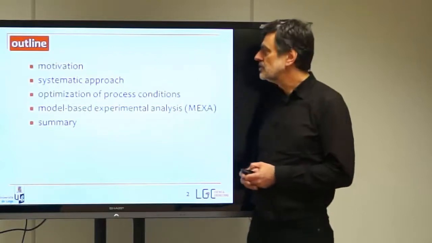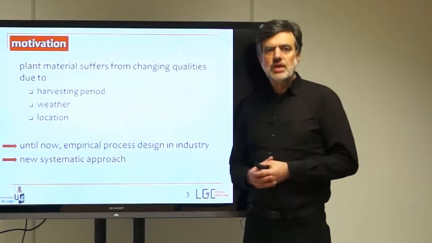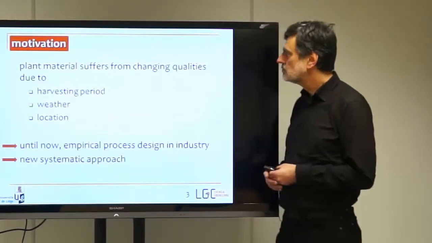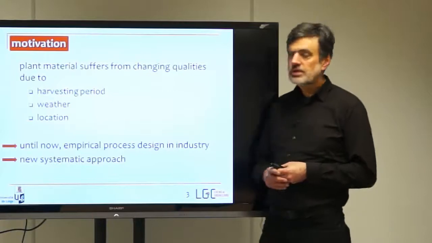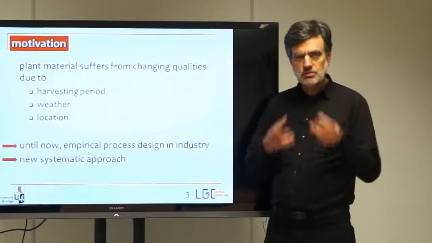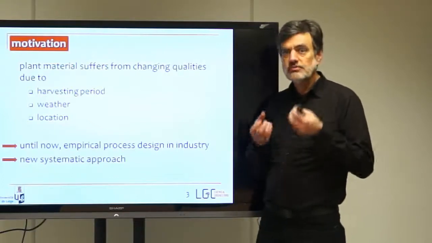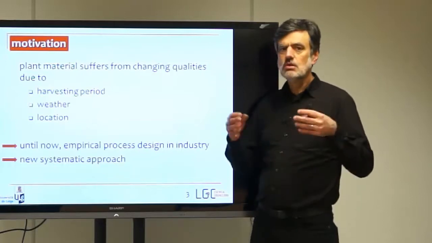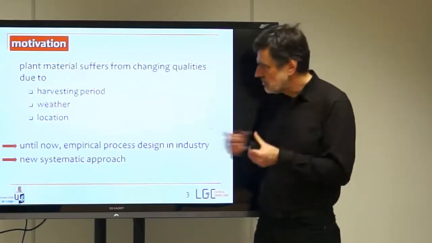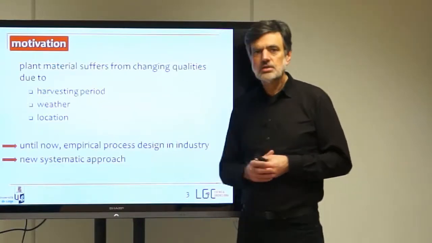So what is now the motivation? Well, if you want to do plant material extraction, the question is how to approach that. And the problem with plant material is that the quality, meaning the concentration, the structure of the plant material very strongly depends on some given properties of the weather, for example, of the harvesting period, or where the plant is coming from.